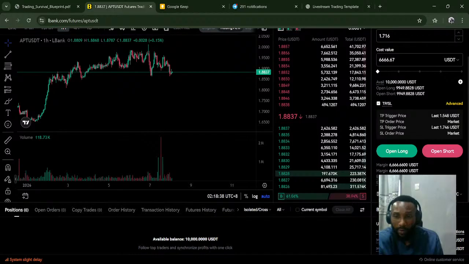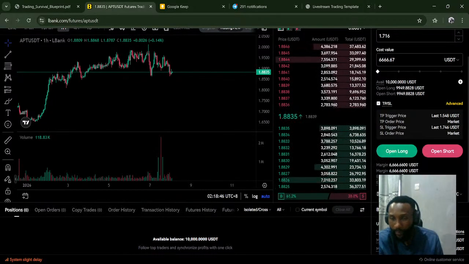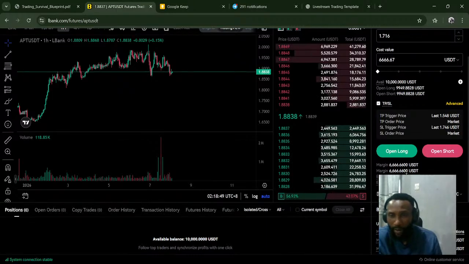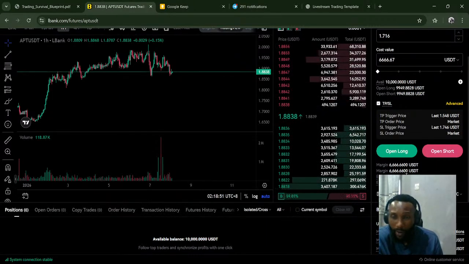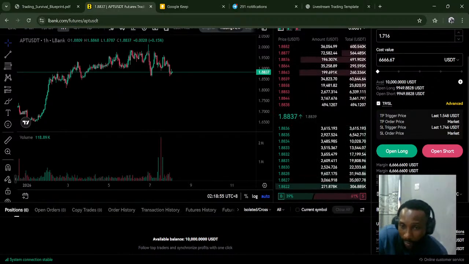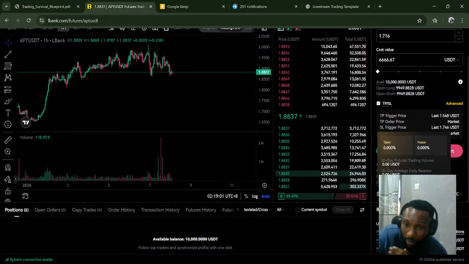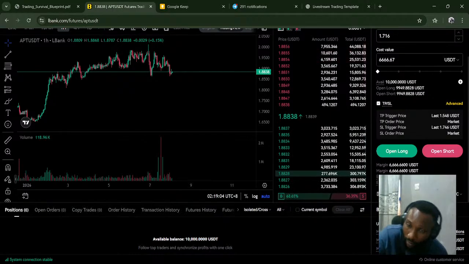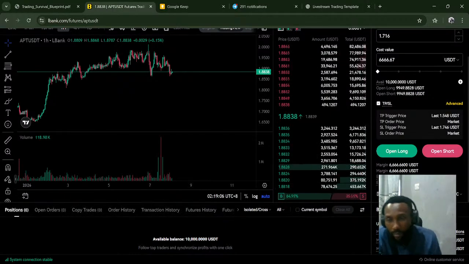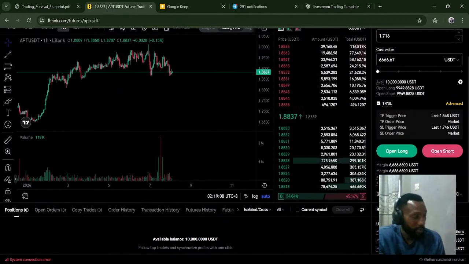If the estimated liquidation price for a short is supposed to be higher than your, what do you call it, what's this word? Why am I missing this word now?